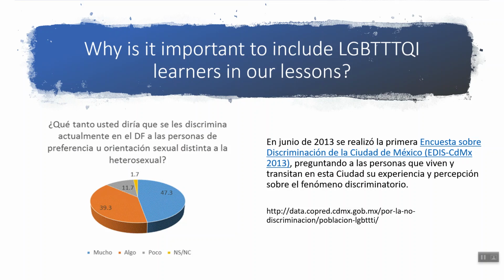And 47.3%, almost half of people interviewed, said that they strongly discriminate. So as you can see, there's a lot of discrimination amongst the population of Mexico City against LGBTTQI people.